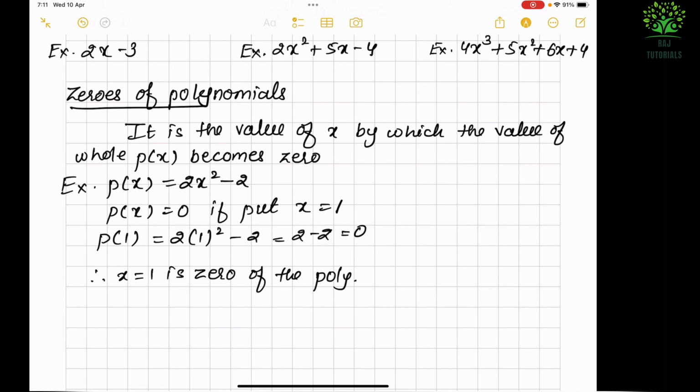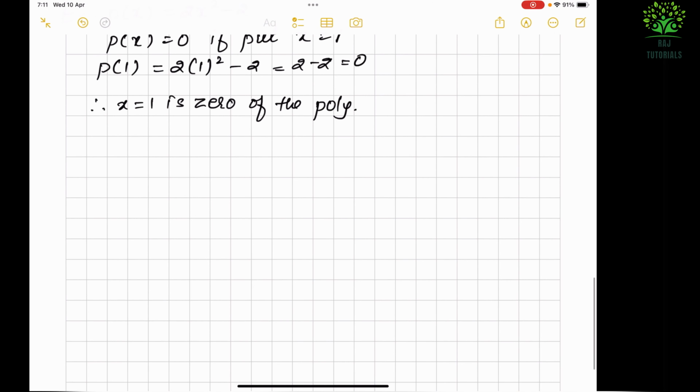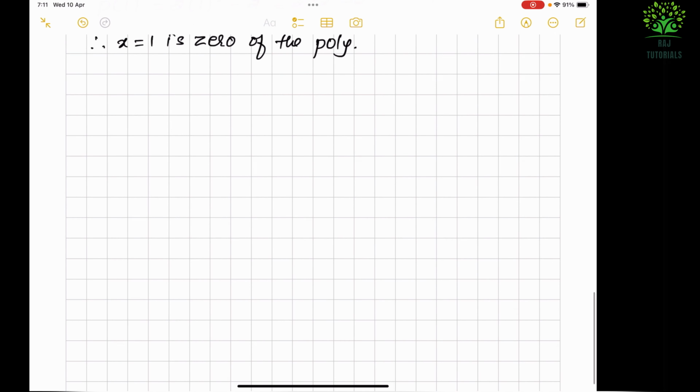Now let me take another example to find the zero: p of x equal to 2x square minus 4. One is the trial and error method, which I used in the above one. I try putting 1 and find out whether I am getting the answer or not. The other way is the direct method.